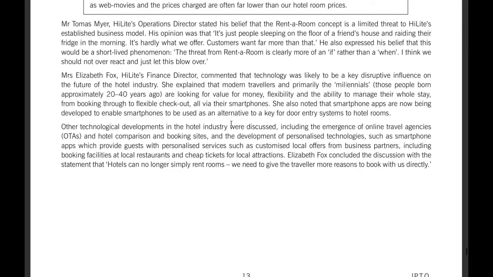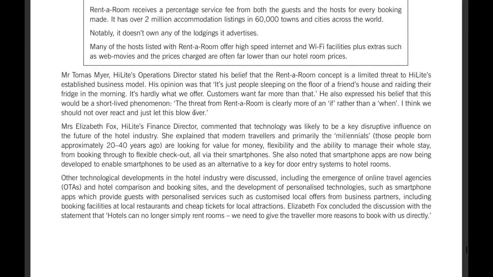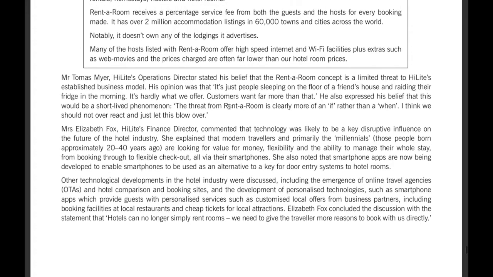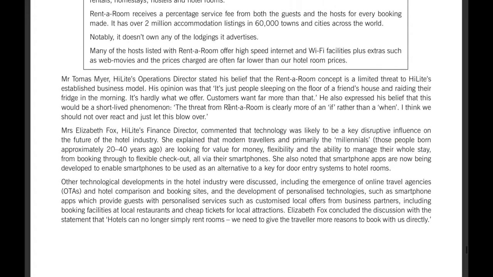And basically from this as well, you should be able to use this information in these particular exhibits to further support your question 3A on disruptive technologies. Once you know that it is a threat and how Highlight can benefit from the use of this particular disruptive technology to help them in their business.